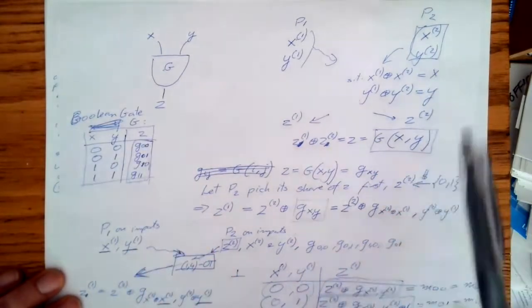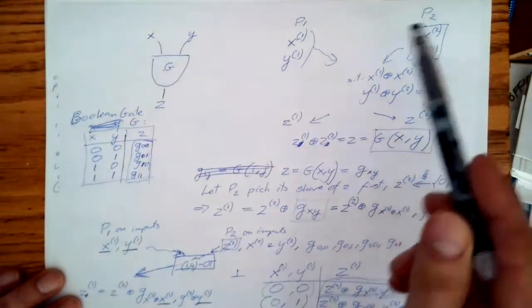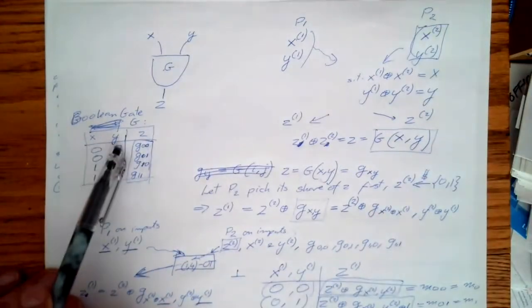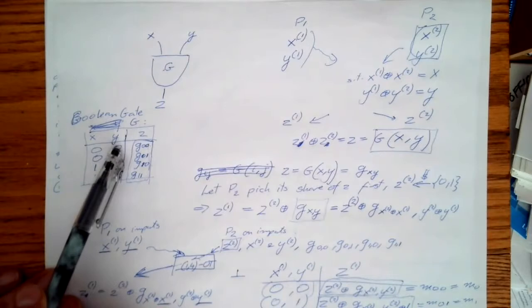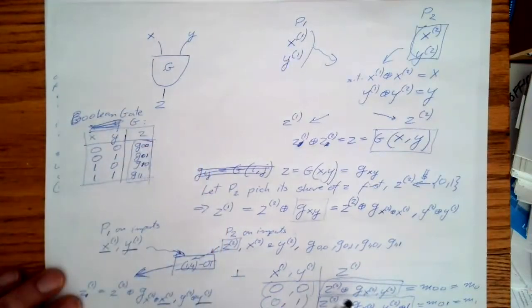And so one party, the manager, so to speak, which was P2 here, creates a shifted lookup table, shifted by P2's share of X and P2's share of Y. And P1 uses its shares as the index into this table.